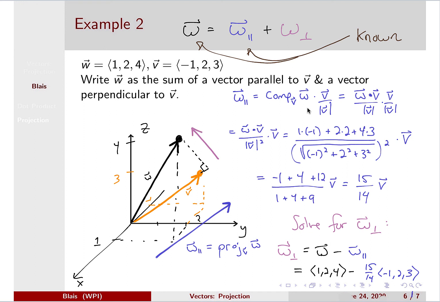And if you recall the triangle law for addition for vectors, we can actually see that that vector w can be depicted as the sum of this w parallel and w perp.